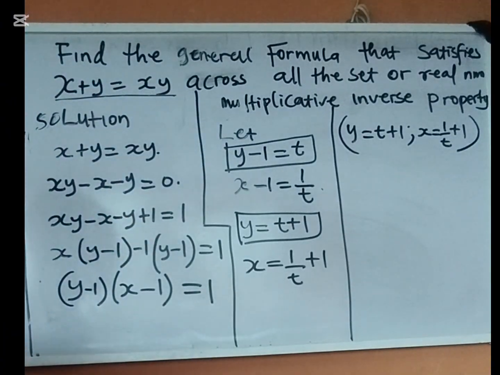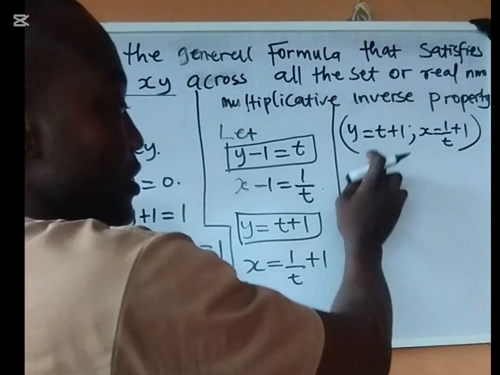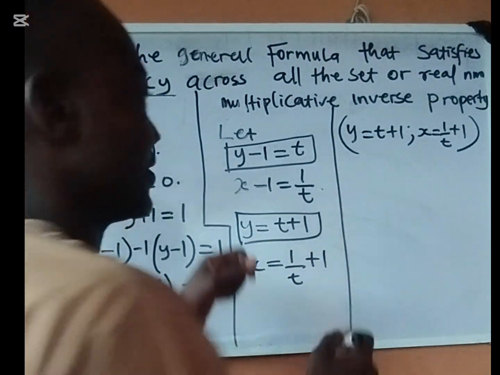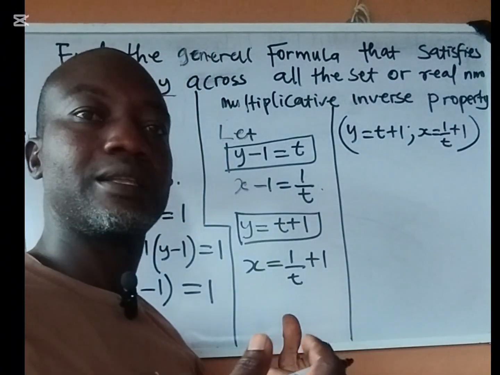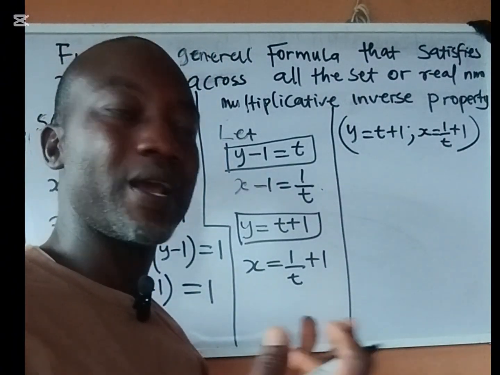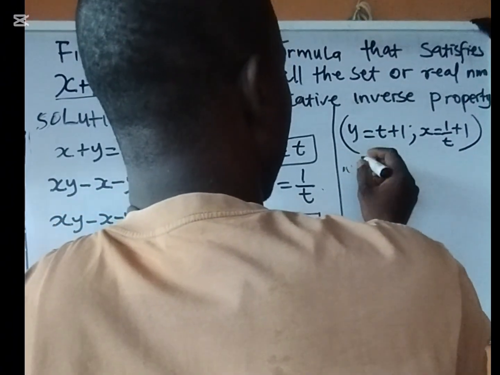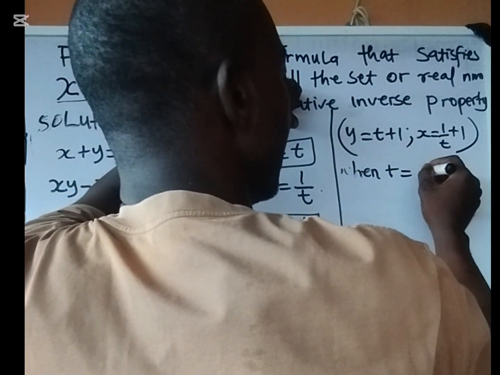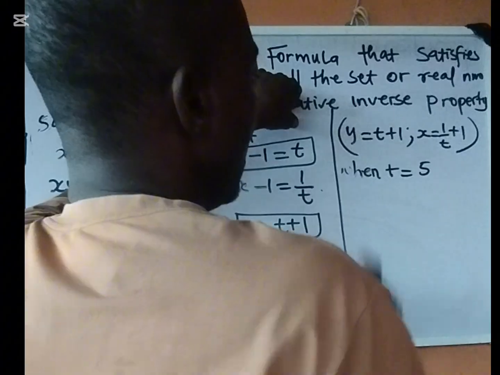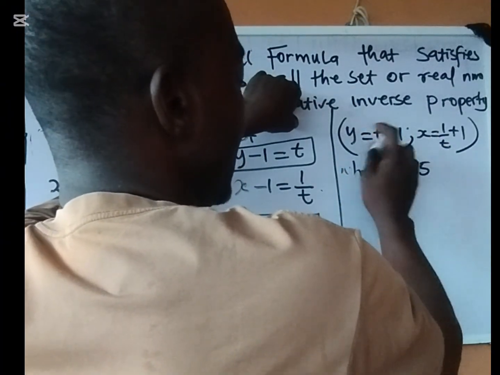If it does, then we have done the right thing. At this point, we have finished solving the problem; we're just checking if our answer is correct. Let's say when t is equal to 5, what will be the value of y from this formula?